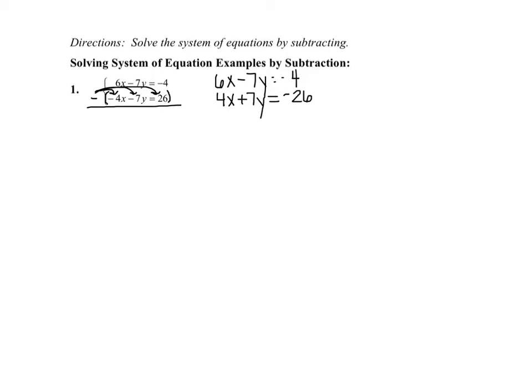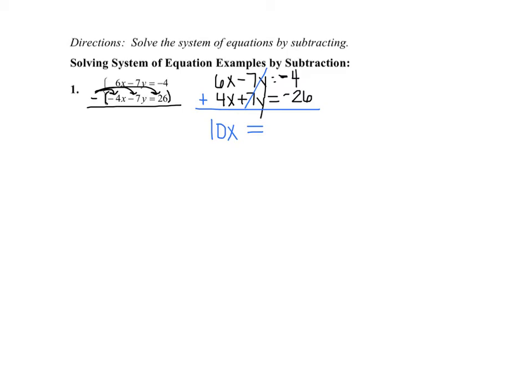Now after we distributed the subtraction sign to each term, we follow the addition method with elimination. So now we're going to add. We can cancel out our negative 7y and positive 7y because that equals 0. 6x plus 4x gives us 10x equals negative 4 plus a negative 26.